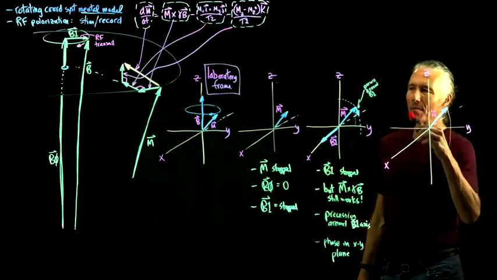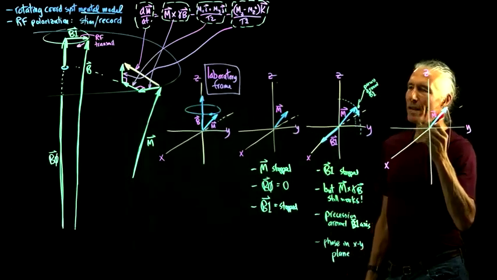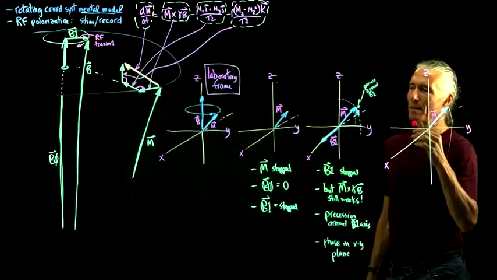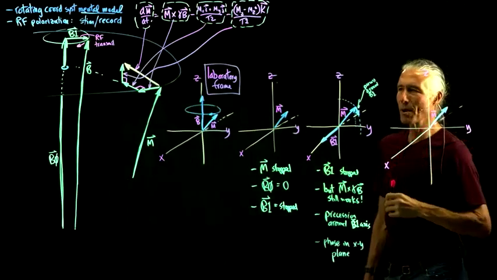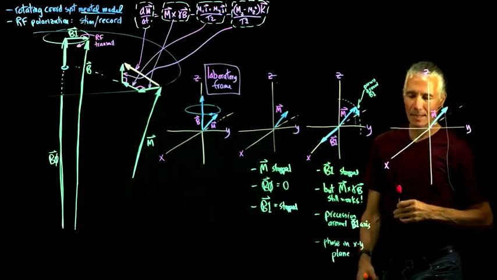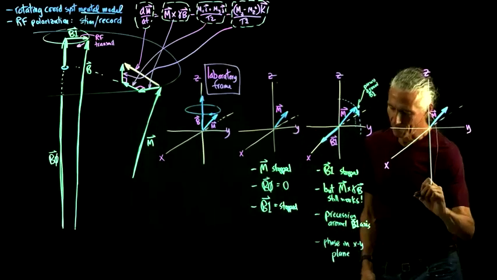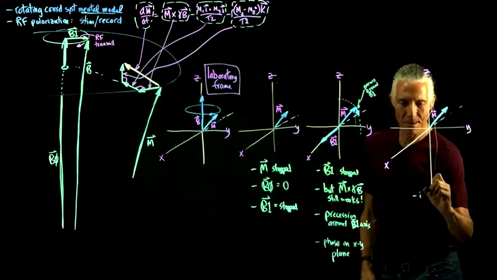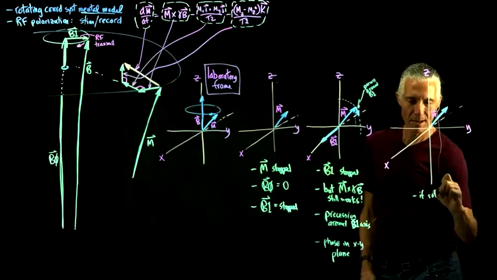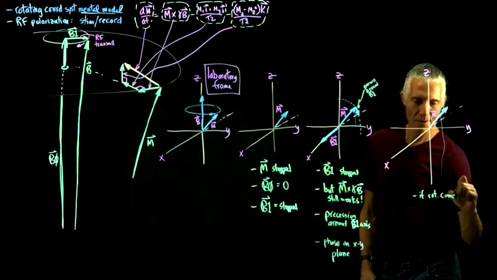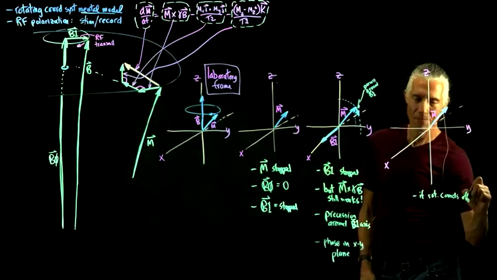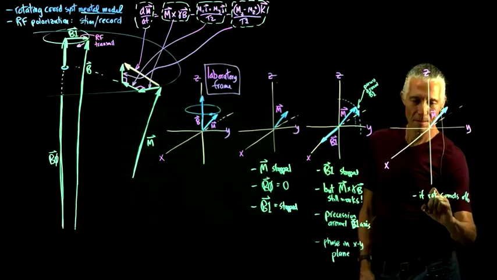Well, the M vector is going to start to rotate around, because we're at the wrong frequency. So if the rotating coordinate system is off, M slowly rotates.